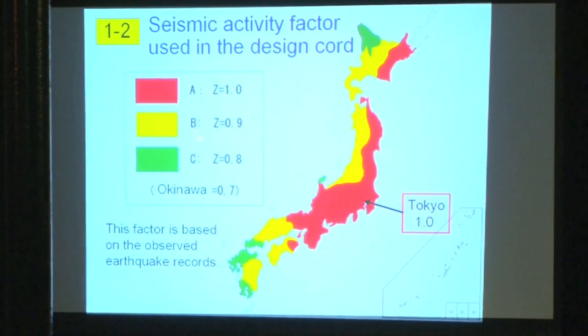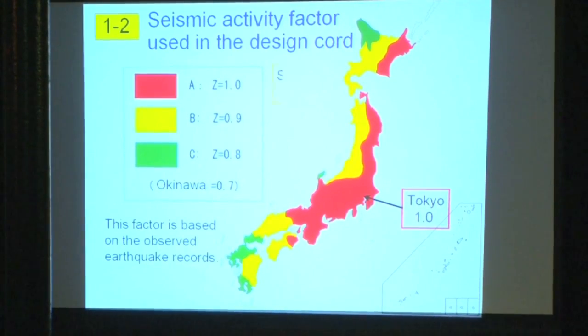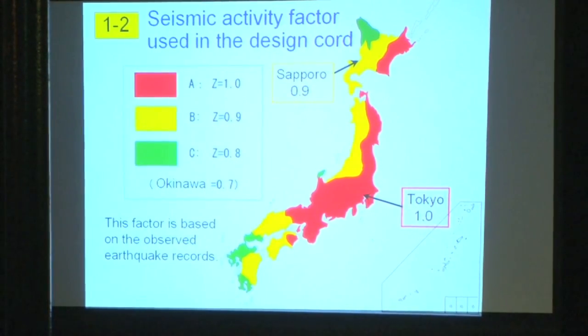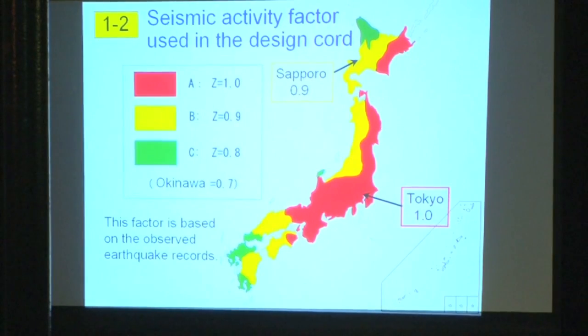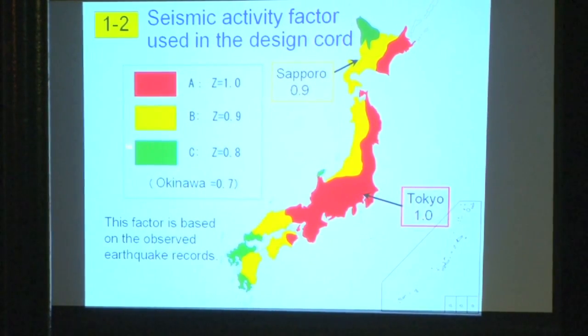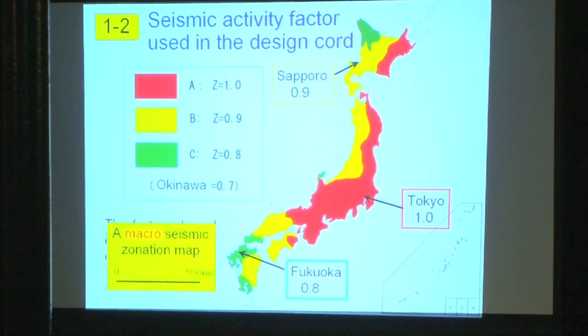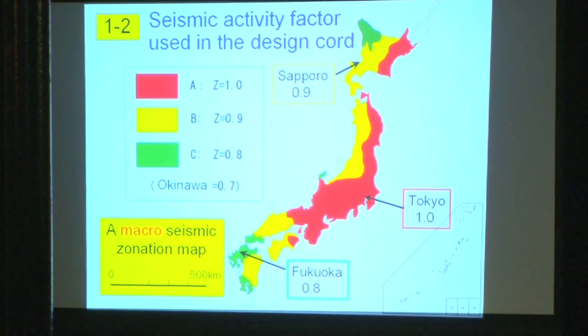The activity factor in the yellow zone, including Sapporo, is reduced to 0.9, and it is reduced to 0.8 in the green zone. We call this map a macro seismic zonation map.